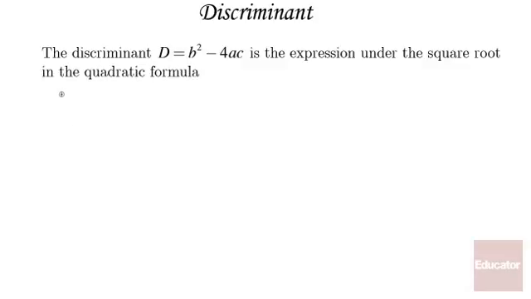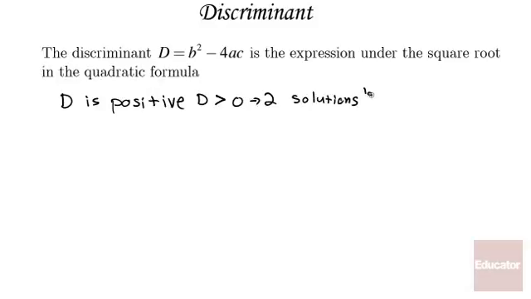If the discriminant is positive, so if D is greater than 0, you will have two solutions, and both are real numbers.